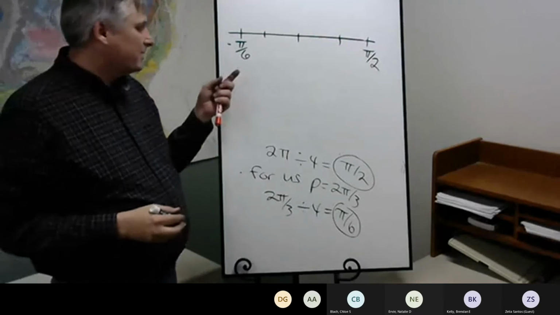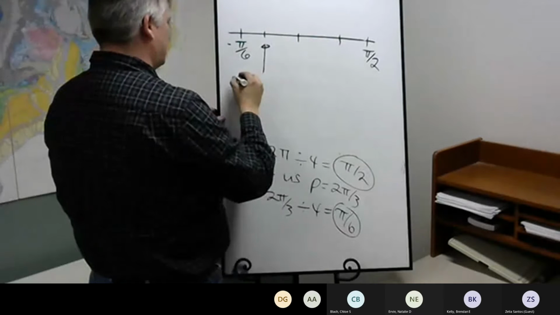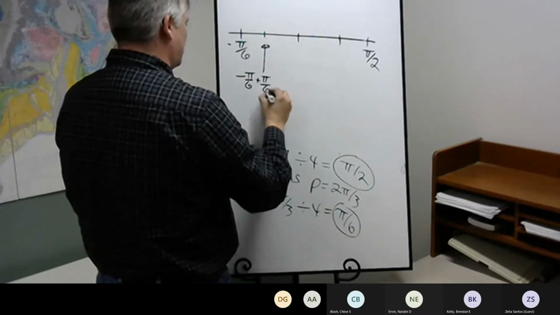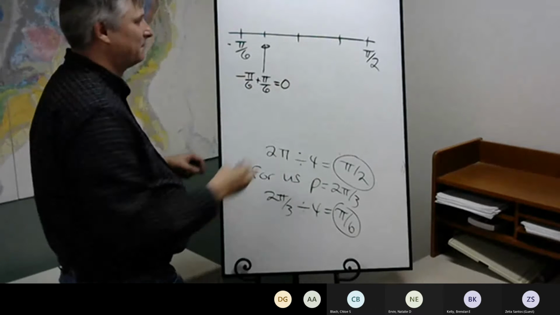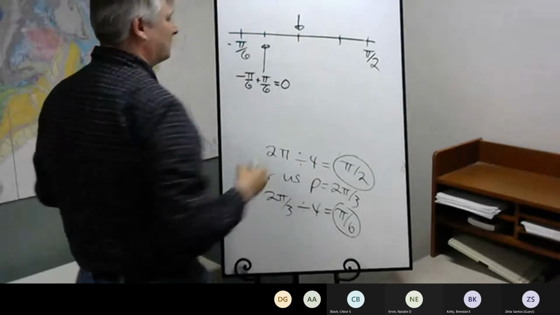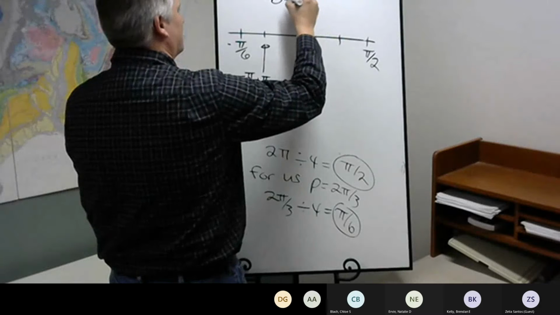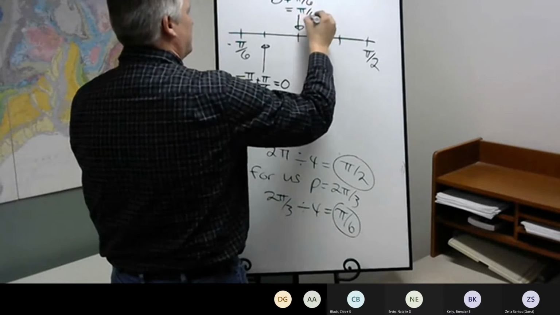So what we're going to do is take pi over 6, add it to the start. We're going to get 0. Now for the next one, 0 plus pi over 6. Well, that's just pi over 6.